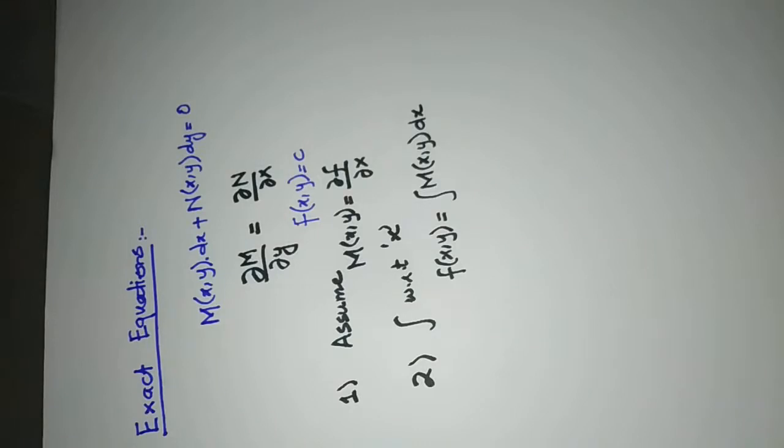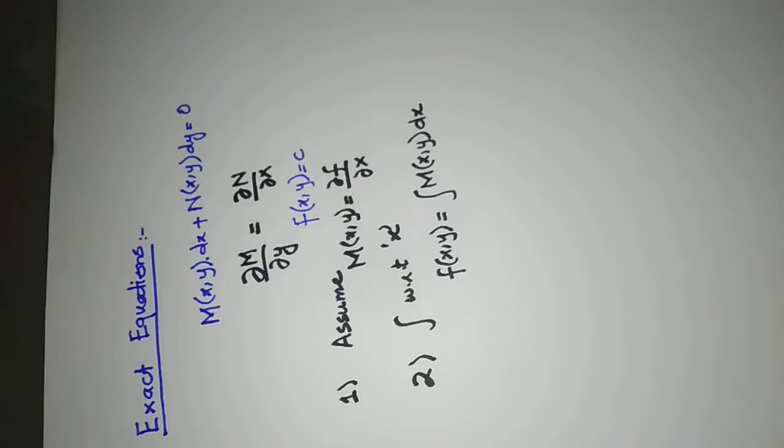So if we are integrating partial derivatives with respect to x, here y is a constant, so we add the constant of integration as a function of y. And if we have partial derivatives in terms of y and we integrate with respect to y, then x is a constant, and we add the constant of integration in terms of x.